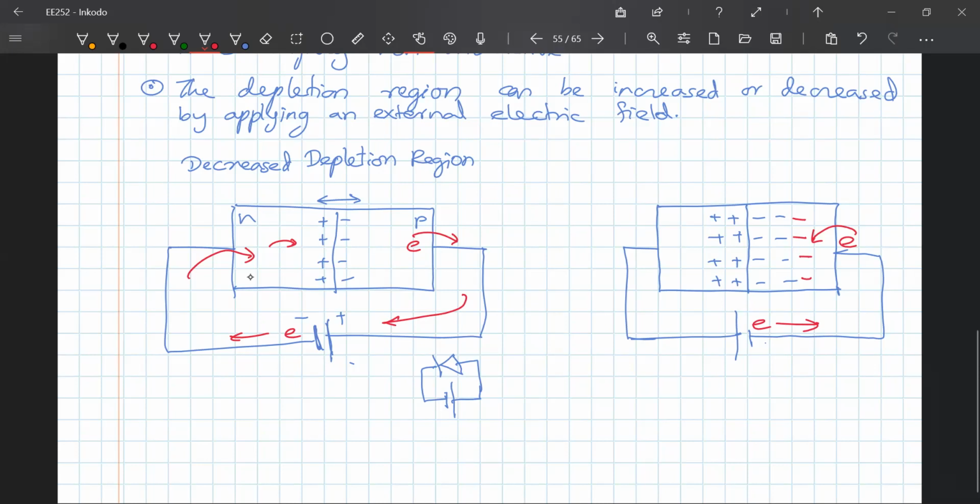At the same time, the electrons here will be pulled out of this into this positively charged plus terminal of the electrode. So therefore, now the depletion layer has widened. The depletion region has increased. So this is the increased depletion region.